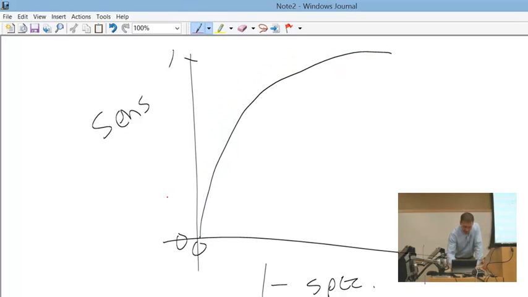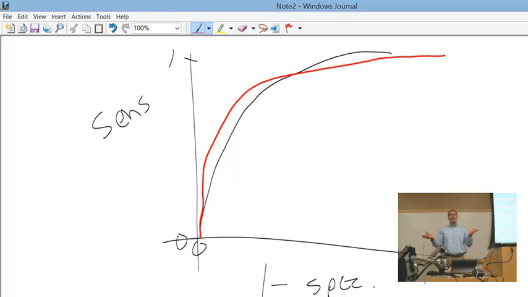But let's say instead you had something that looked like this. Now which would you choose? Well, now it's not necessarily a clear-cut case between the two. And instead, here are some options. If you're really concerned about the false positive rate, the 1 minus specificity, you want to minimize the false positives, then you might be thinking the red would be better, because for lower values of the 1 minus specificity, the red is higher than the black.